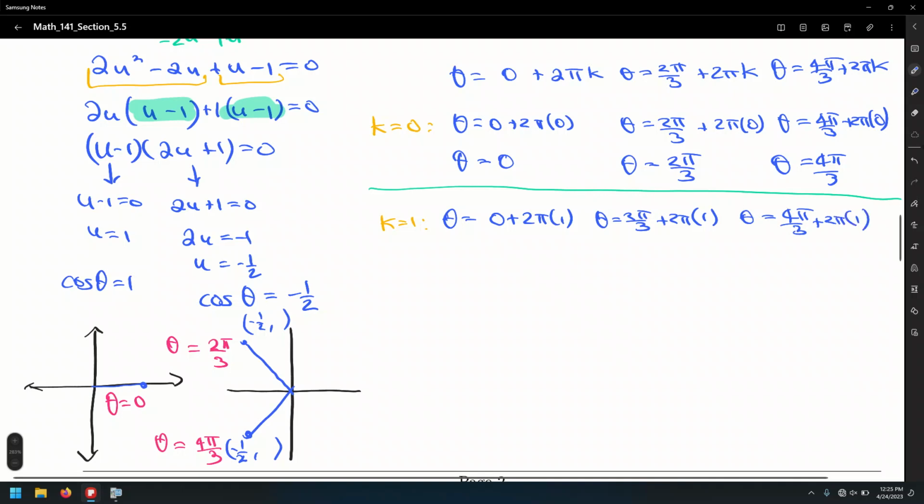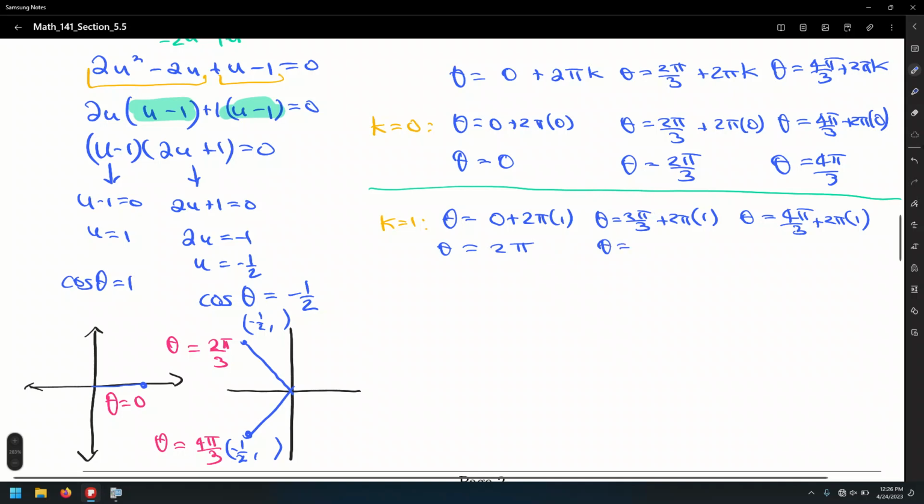Notice the result of simplifying these three expressions will be values that are either 2 pi or larger. In this case, we don't want any values that reach even 2 pi. We just want inclusive for 0, the lower bound, and exclusive for 2 pi, the upper bound.